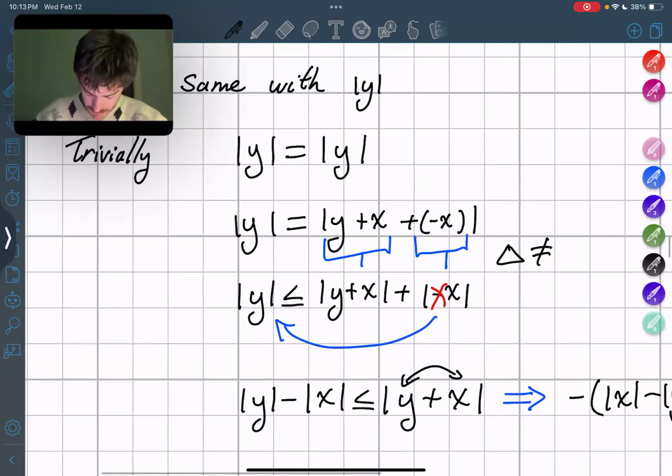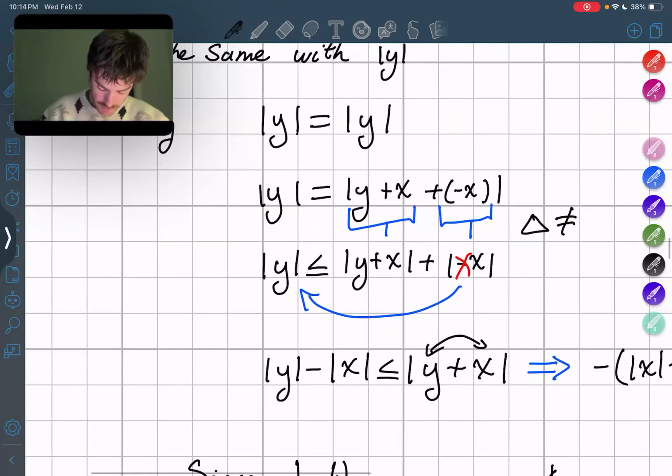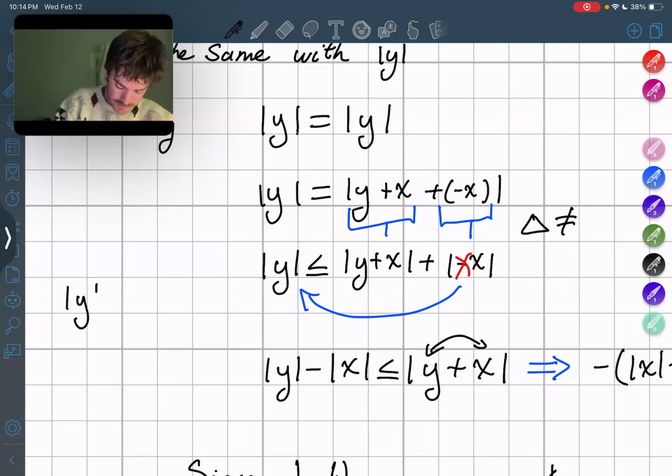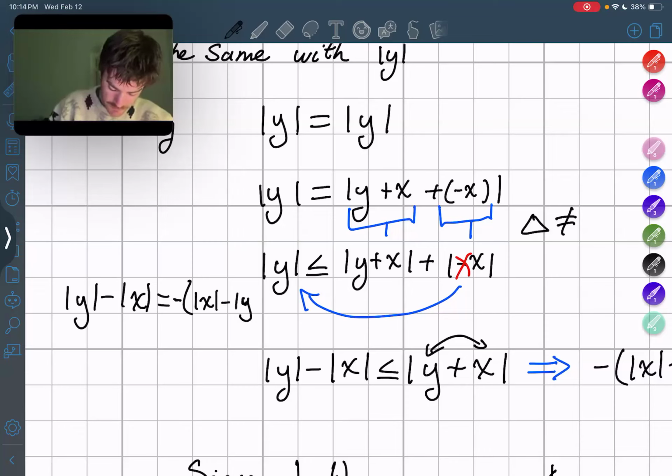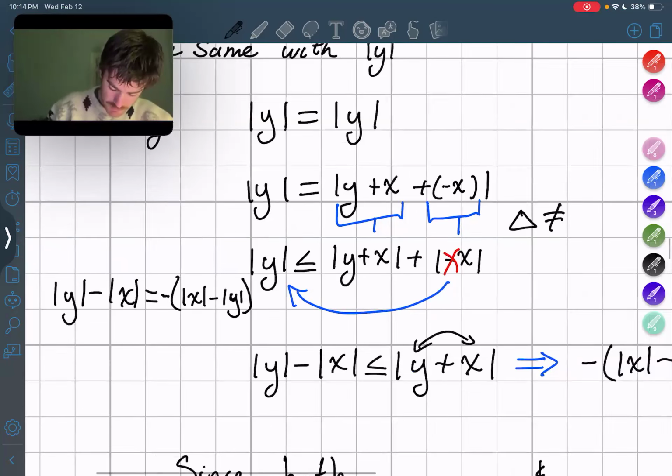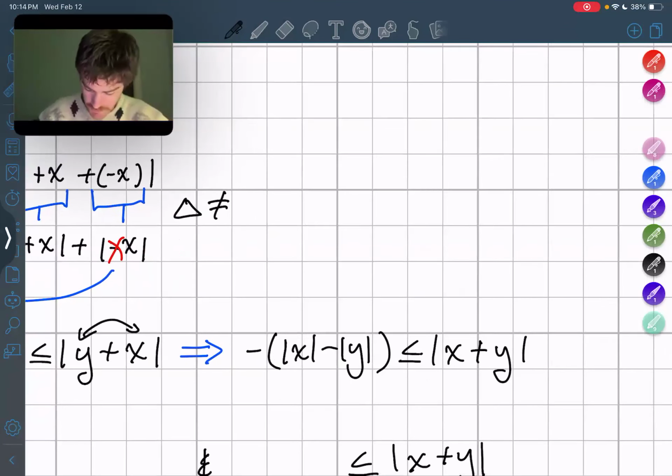Addition is commutative, and with this y minus x, just a little aside here, which is that the absolute value of y minus the absolute value of x is equal to negative the absolute value of x minus the absolute value of y. So I'm going to switch this over and we get this lovely, nice x first and then y section.